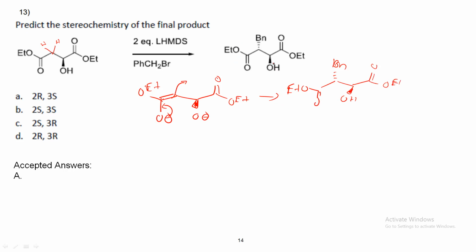Now we just need to do the nomenclature. So now numbering is 1, 2, 3, 4, because hydroxide is at 2, or closer if we number from that.